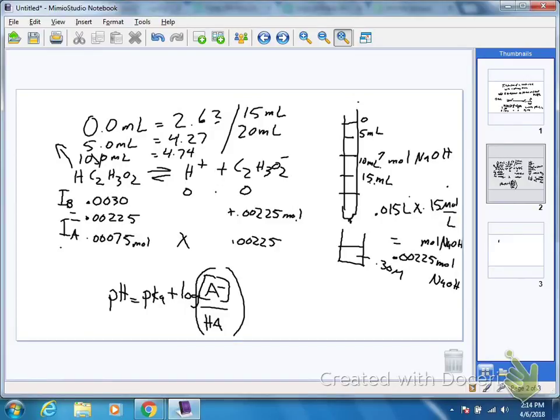Okay, so the pKa would be the negative log of the Ka. And when we take the log of the Ka, that's going to give us 4.74.